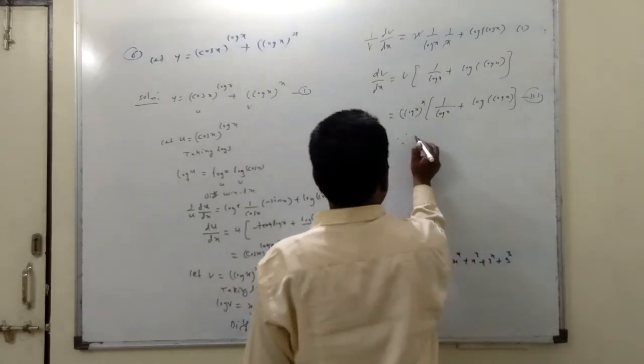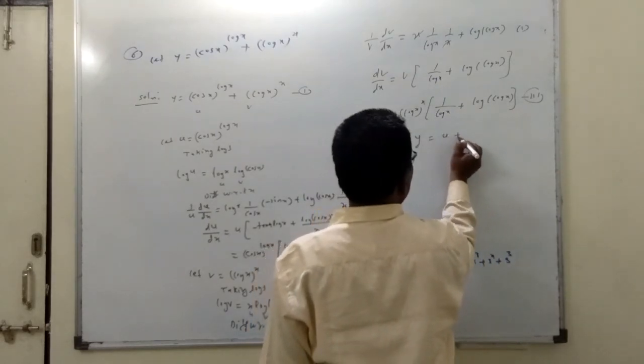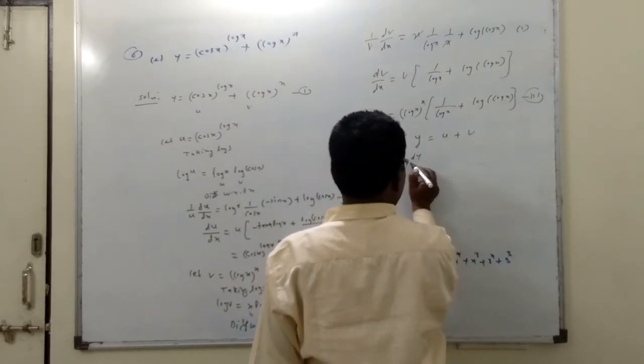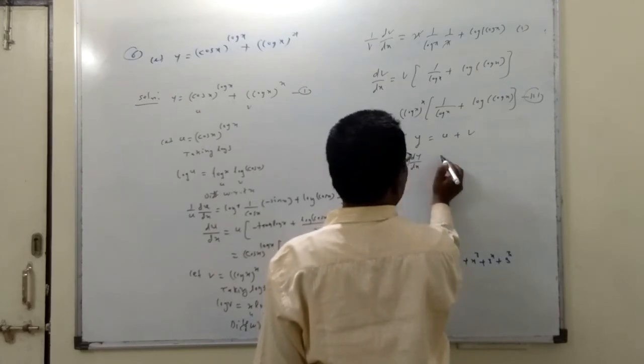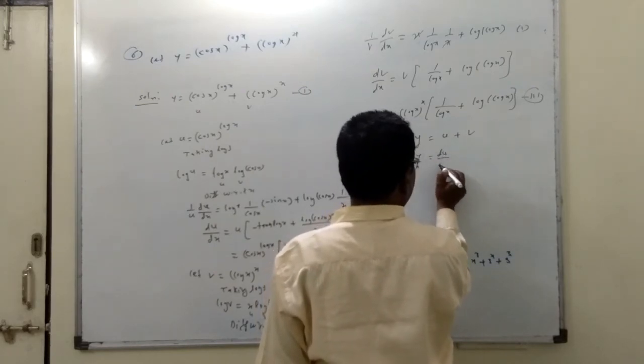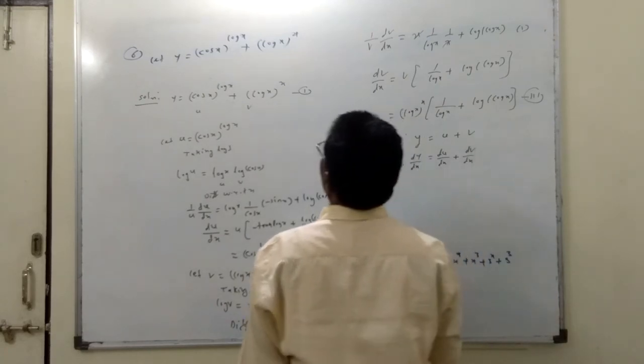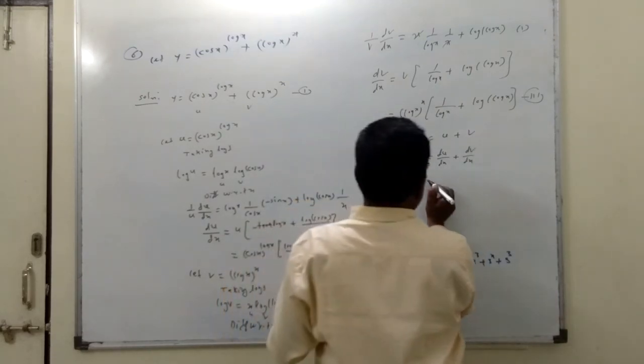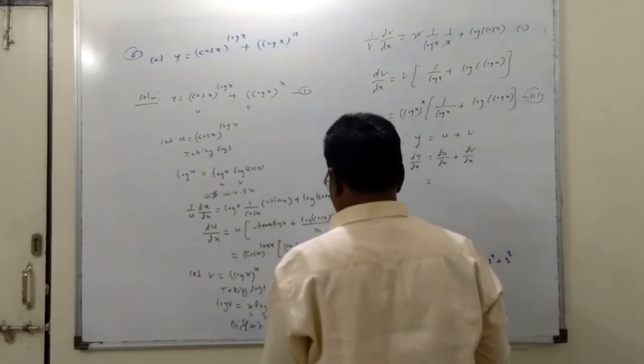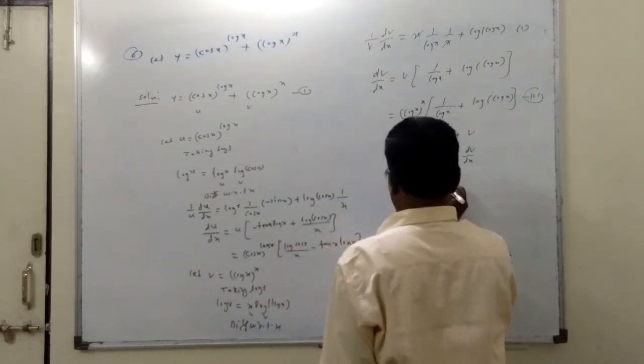Now since y is equal to u plus v, dy by dx is equal to du by dx plus dv by dx. From the second and third equations, we write the result together.